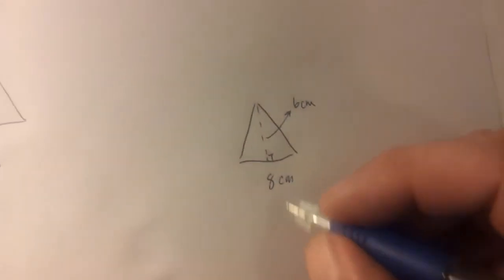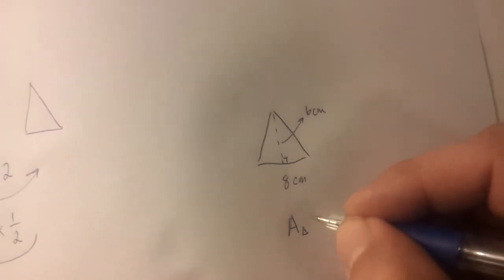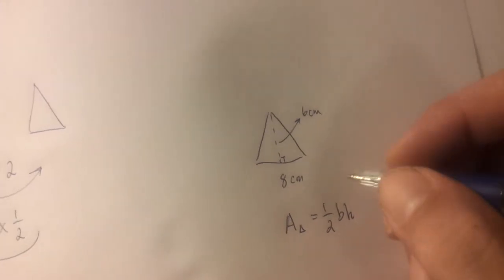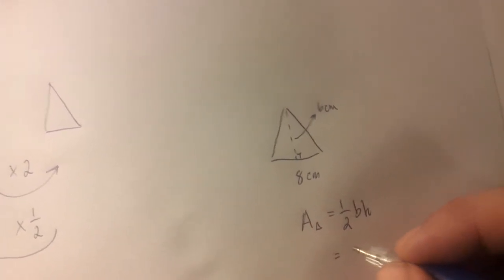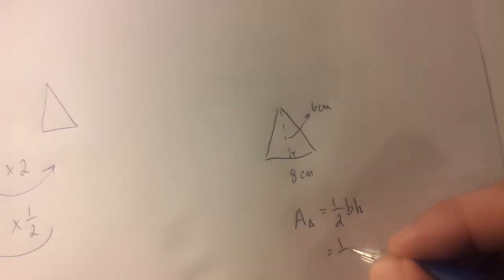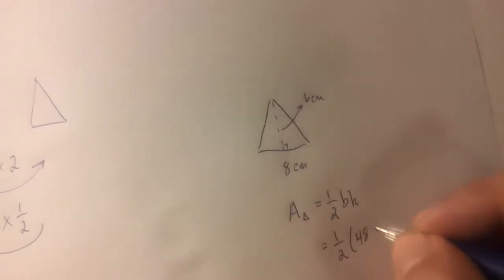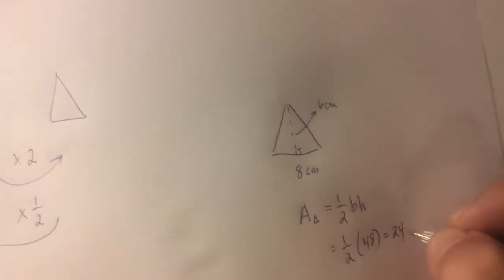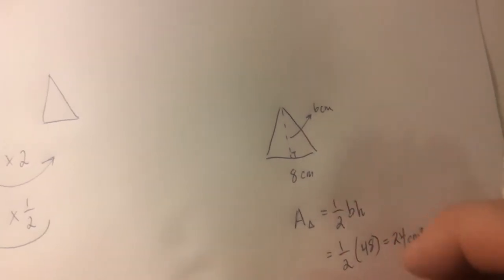Let's just find the area first. The area of a triangle is equal to 1/2 of the base times the height. So 6 times 8 is 48, and we're going to take half of 48, which is 24. So the area of the smaller triangle is 24 square centimeters.